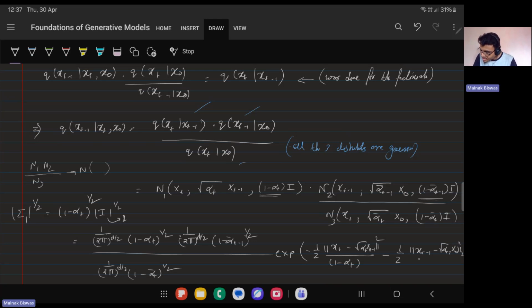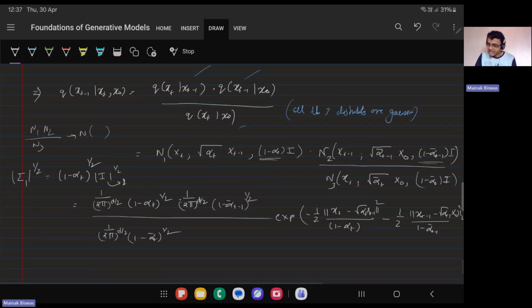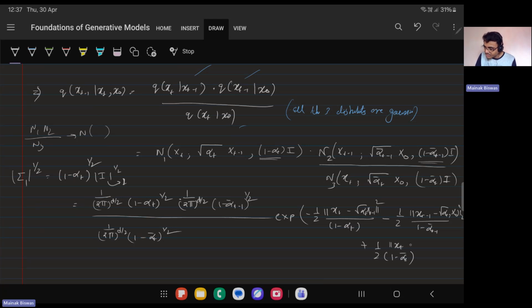And whatever is in the denominator, as 1 minus alpha t bar, xt minus root alpha t bar x0 squared. This is what I'll have in the exponent.